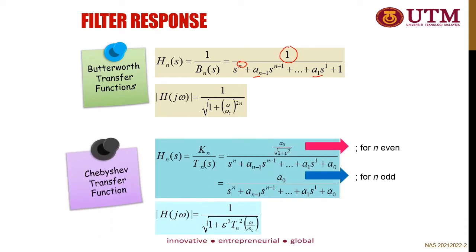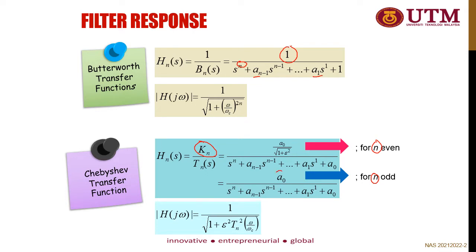Next is the transfer function for Chebyshev. In comparison with Butterworth, which has constant 1 on top, for Chebyshev you have the Kn. Kn is dependent on the filter order number, whether it is even or odd. If n is an odd number, the numerator will be a0.